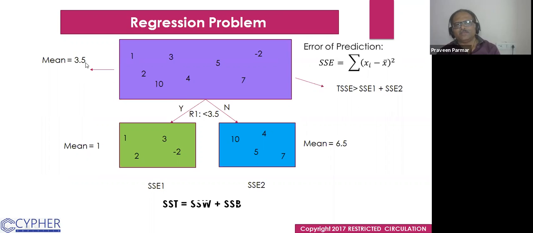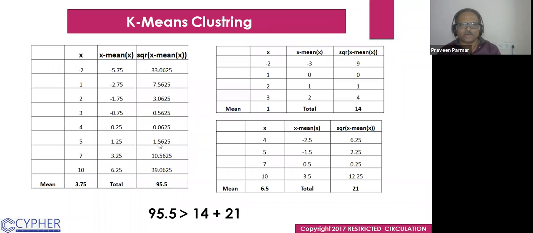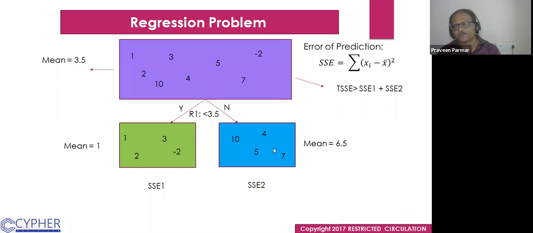Here you see the mean is 3.5, and I have divided it in two parts. The data less than 3.5 would be here, and the data greater than or equal to 3.5 would be here. If I find the mean of this, it would be 1, and the mean of this would be 6.5.